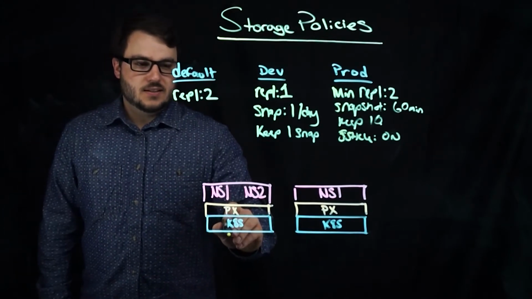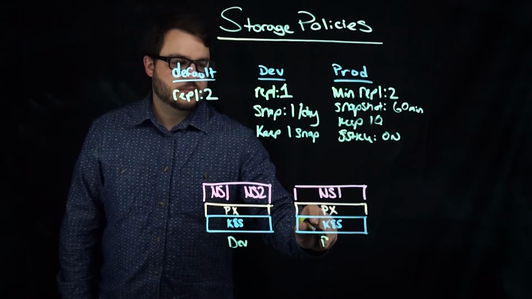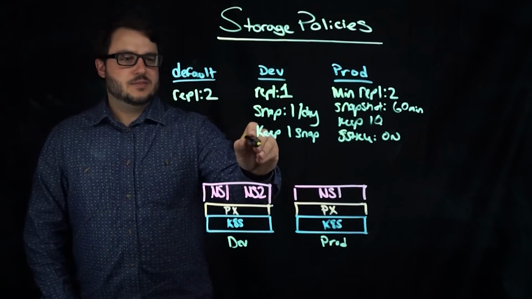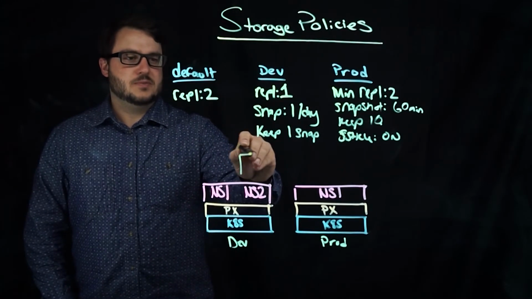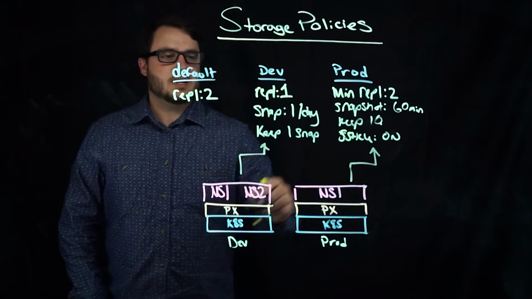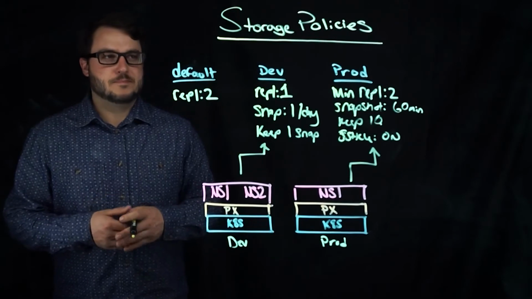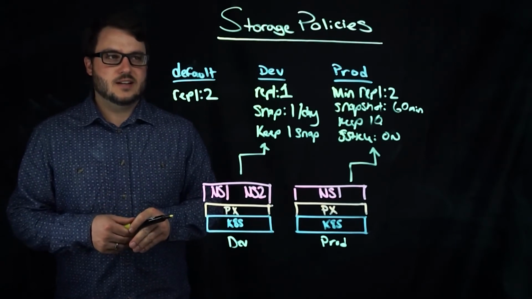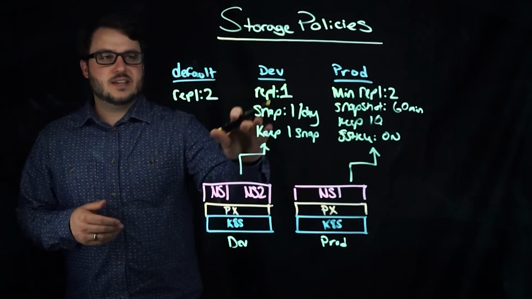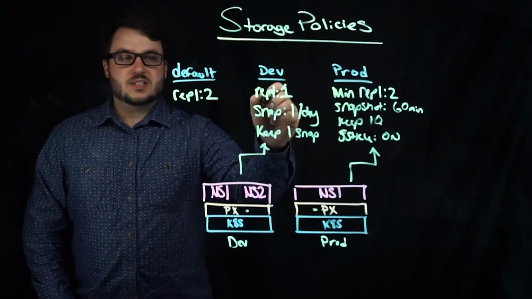So this could be our development cluster and our production cluster. Now, in development, we could say, let's set up this storage policy, and in production, let's set up this storage policy. So by default, any application that uses a volume will get these if we tell our Portworx layer to use these by default.